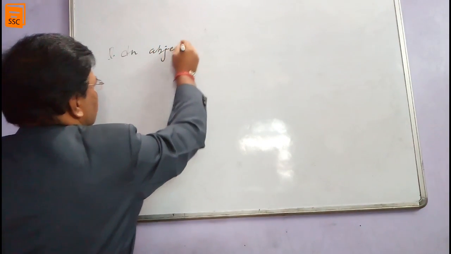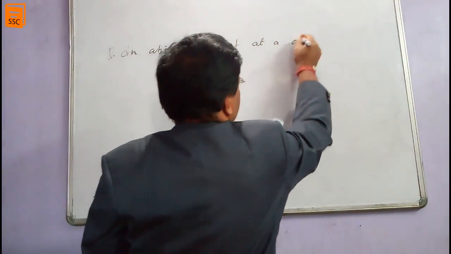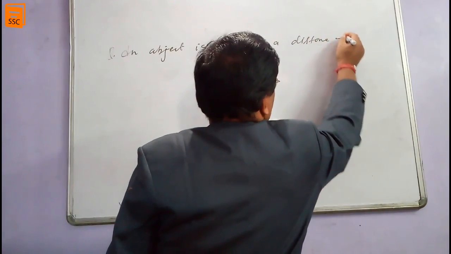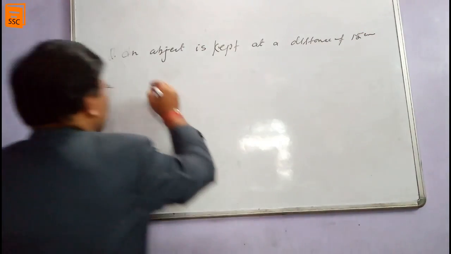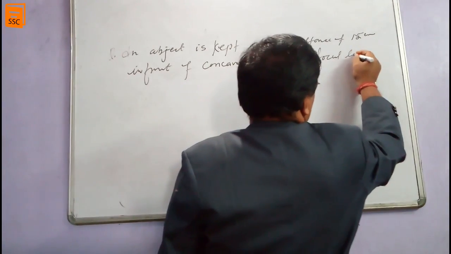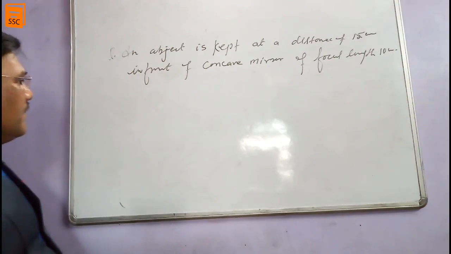The question is: an object is kept at a distance of 15 centimeter in front of a concave mirror of focal length 10 centimeter.